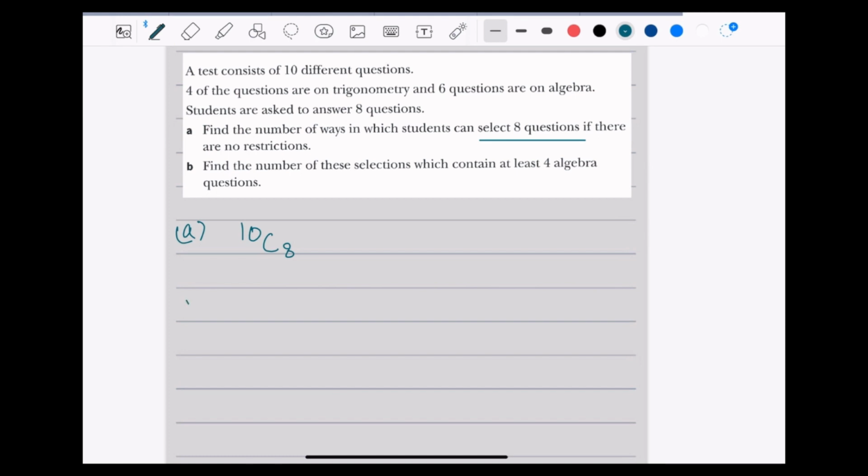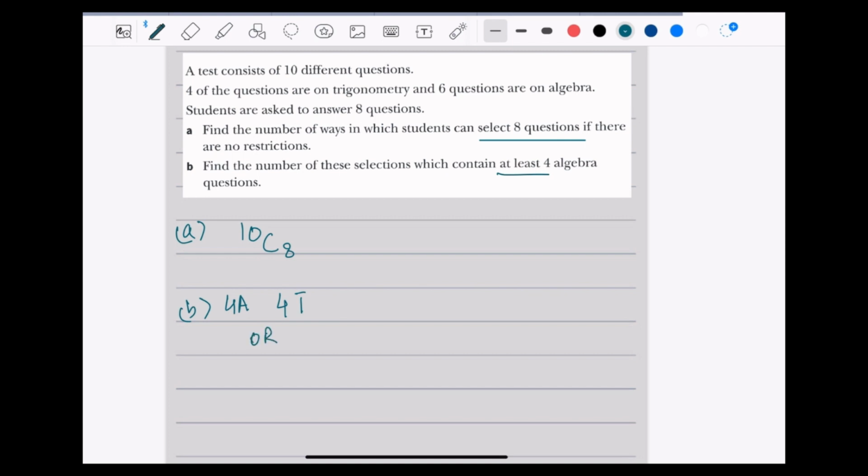Now, at least means that a minimum of 4 algebra questions have to be solved, but it can be more than that. At least means 4 or more. So we'll try to make 4 algebra questions, and there are 6. So in order to solve, we can say that 4 trigonometry questions makes a total of 8 questions now.